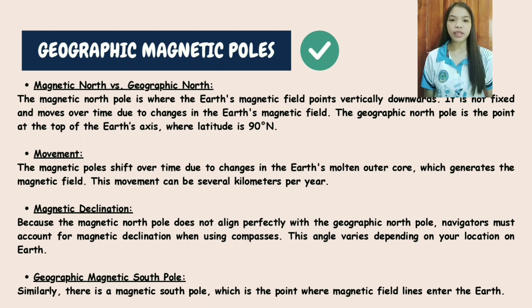This angle varies depending on the location on Earth. For the geographic magnetic south pole, similarly, there is a magnetic south pole, which is the point where magnetic field lines enter the Earth.